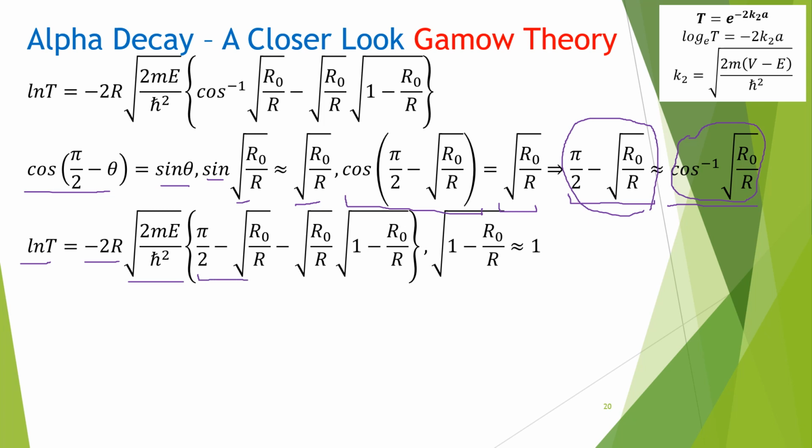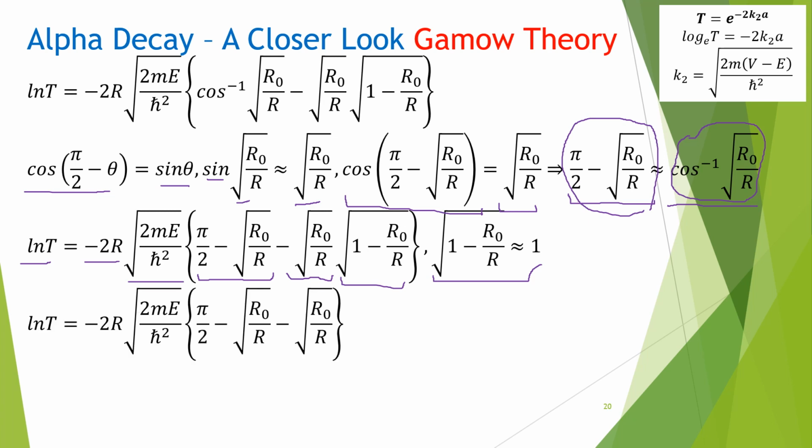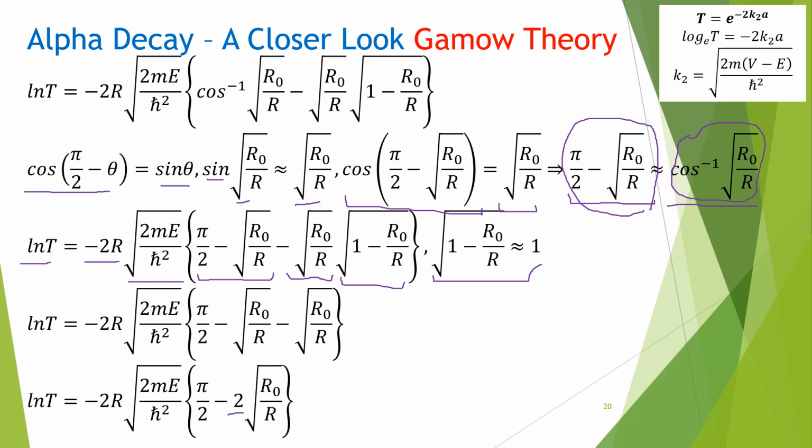So here we have substituted this minus under root of r0 upon r into under root of 1 minus r0 upon r, and under root of 1 minus r0 upon r is approximately equal to 1. So we can further simplify this as 2 times under root of r0 upon r.